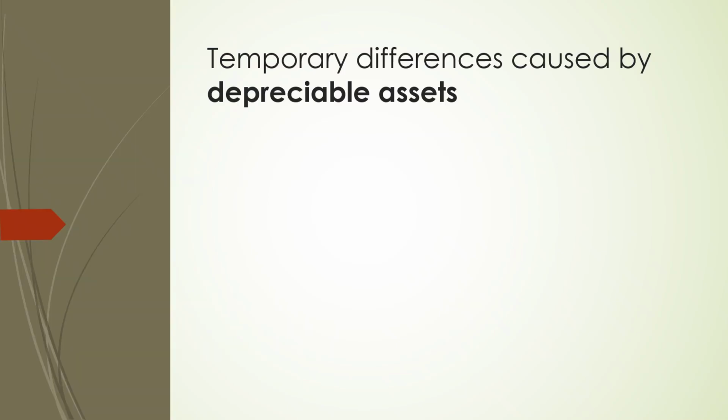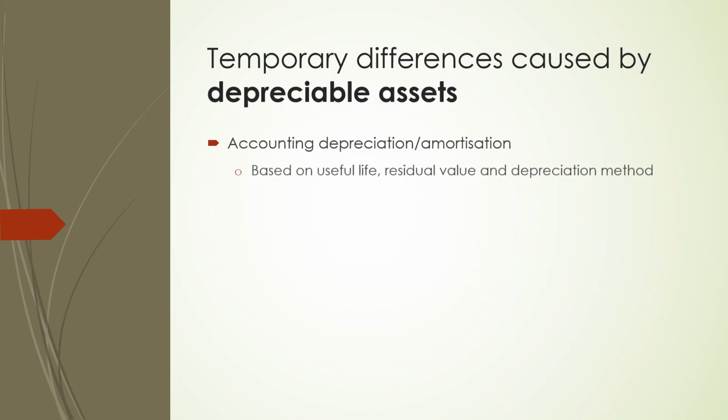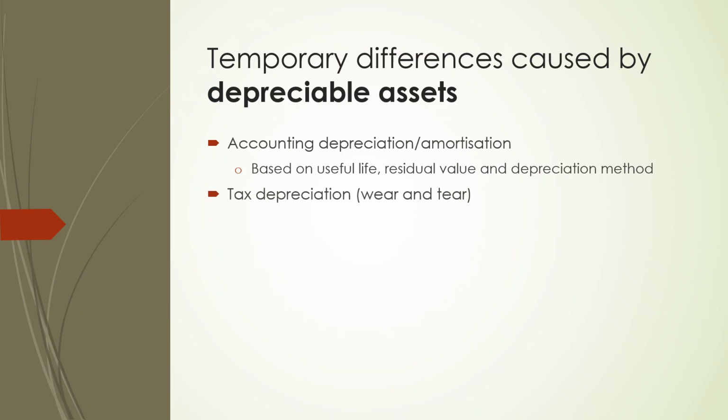Temporary differences caused by depreciable assets. Accounting depreciation or amortization is based on the useful life, residual value, and depreciation method. However, tax depreciation, also known as wear and tear or capital allowances, is based on fixed rates set by legislation, independent of accounting estimates.